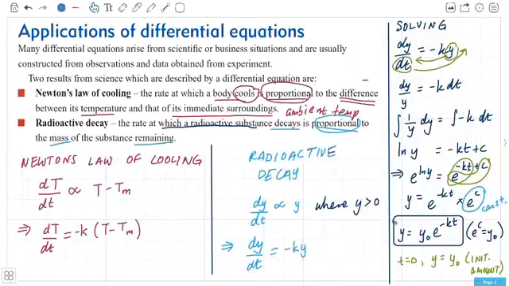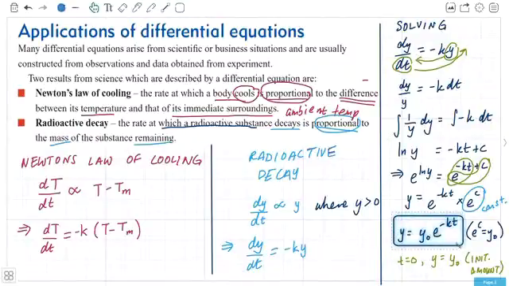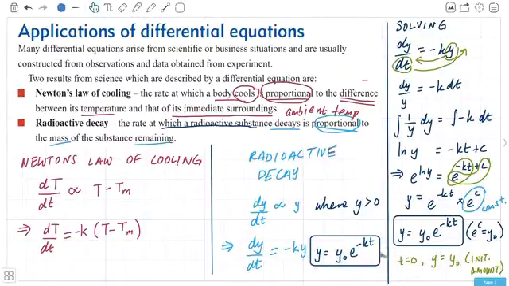And the thing that you'll notice, and I'm just going to bring all of this over, is that as t gets bigger, this term here becomes smaller and smaller and smaller, and that's because this amount of radioactive substance is decreasing. So it's a negative exponential, so it starts off high and then tapers off like that. So that would be the sort of graph you'd get from this particular equation.